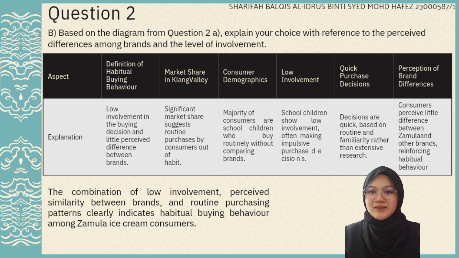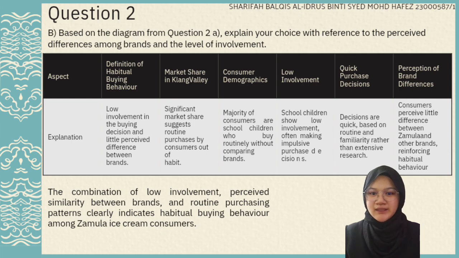Their quick and routine purchasing decisions stem from familiarity and habit. Therefore, the combination of low involvement and minimal perceived differences between brands strongly indicates that Zamula ice cream consumers exhibit habitual buying behavior. This understanding can help tailor the marketing strategies to reinforce these habitual purchases and ensure continued customer satisfaction and loyalty.